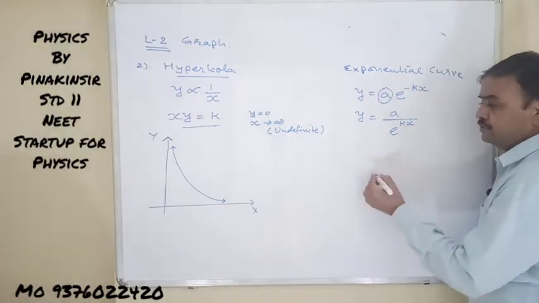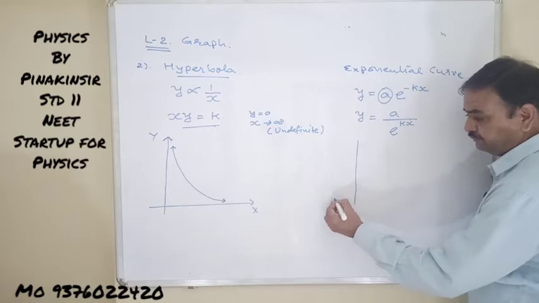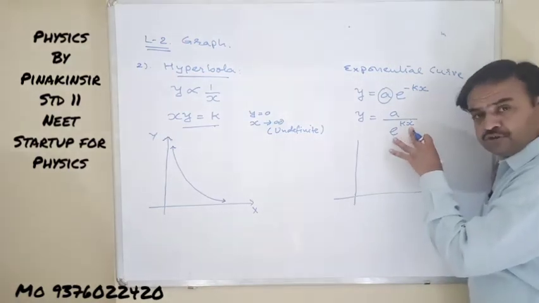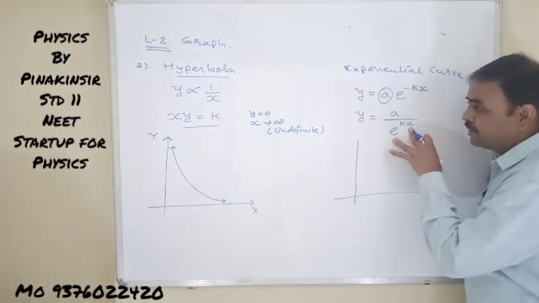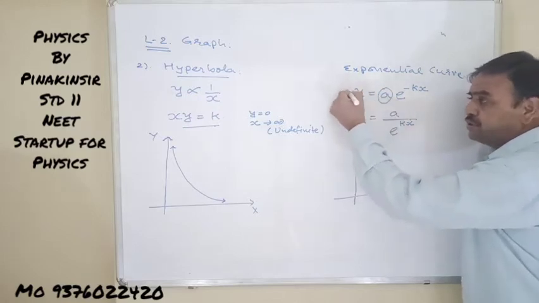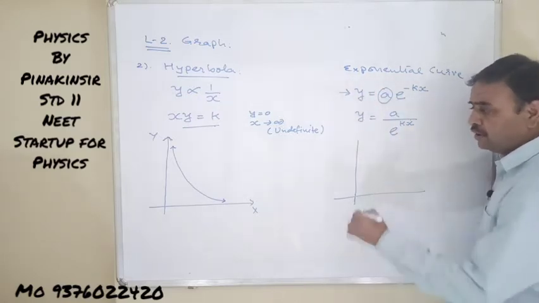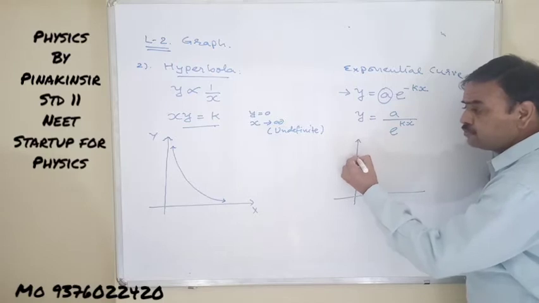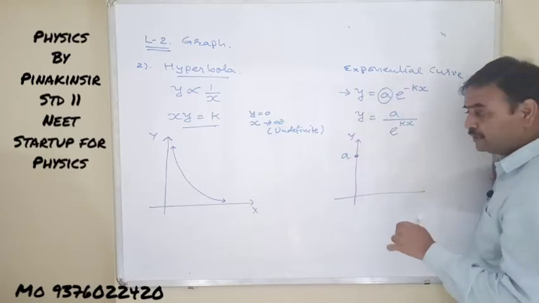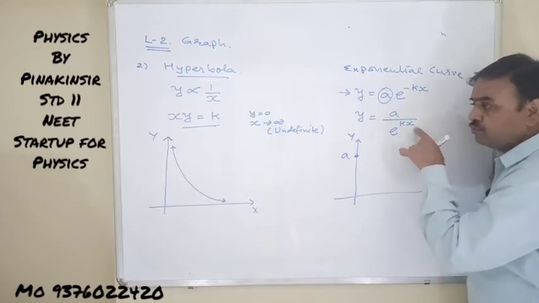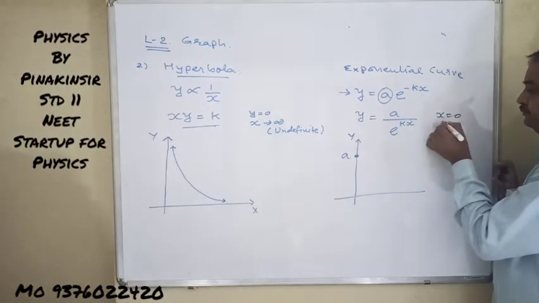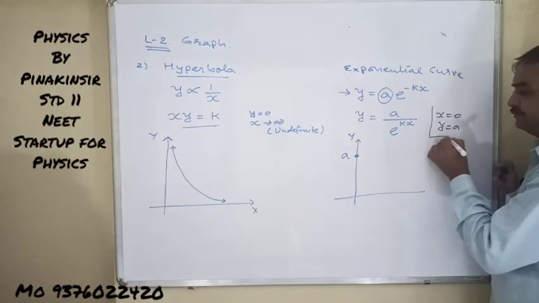Now if we substitute x is equal to 0, then anything raised to 0 is 1, and thereby y will be equal to a. Thereby we can say that in such a relation there will be an intercept on the vertical axis equal to the multiplier itself. Here for x is equal to 0, we are getting y is equal to a.